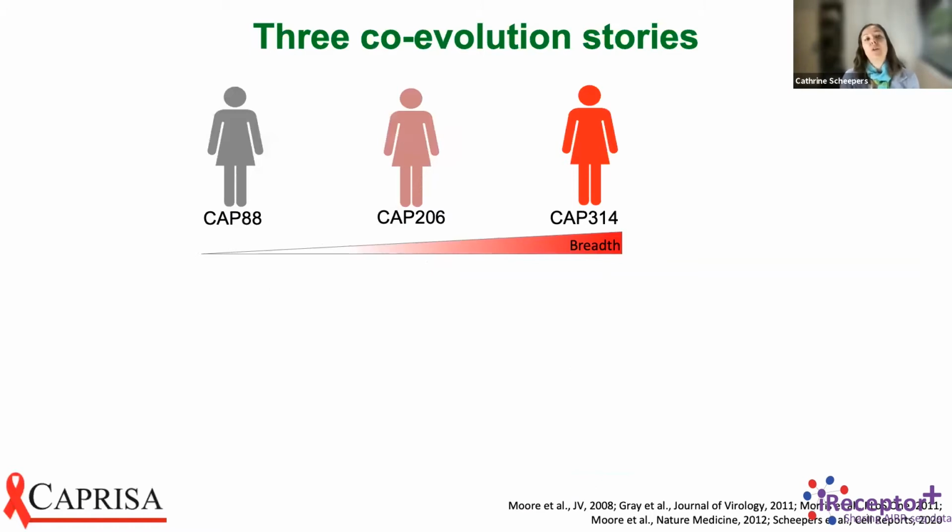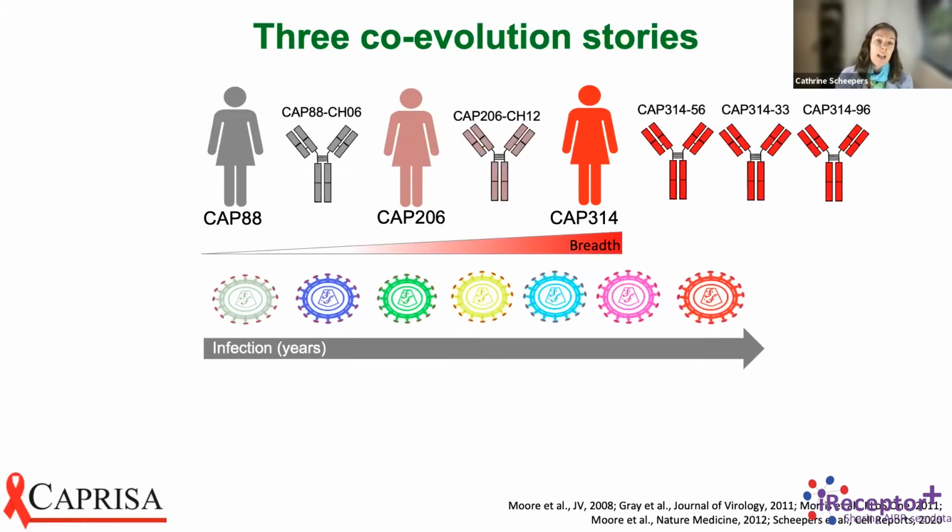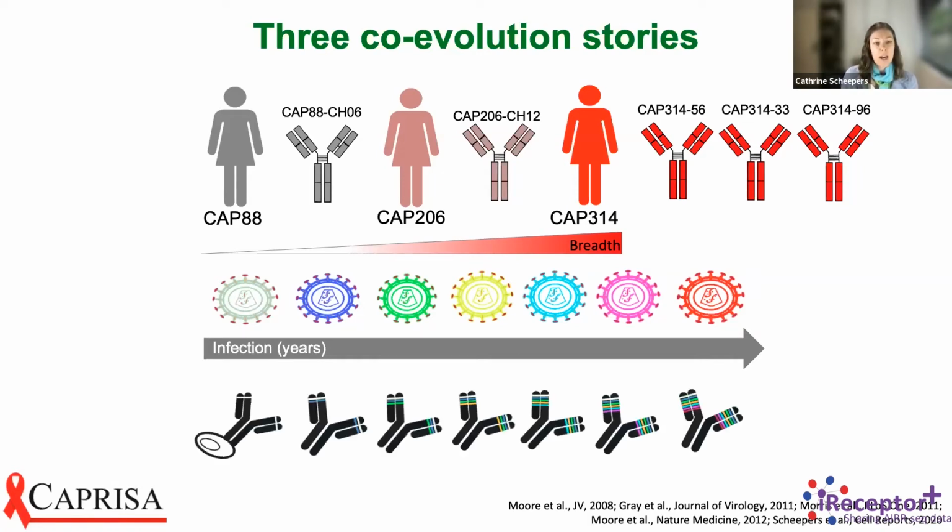So today I'm going to talk about 3 coevolution stories from 3 different CAPRISA donors, each with different levels of neutralization breadth. For each of these donors, we've been studying their infection over years. We've also isolated antibodies from these donors, and we use the information from the isolated antibodies to amplify the antibodies over time.